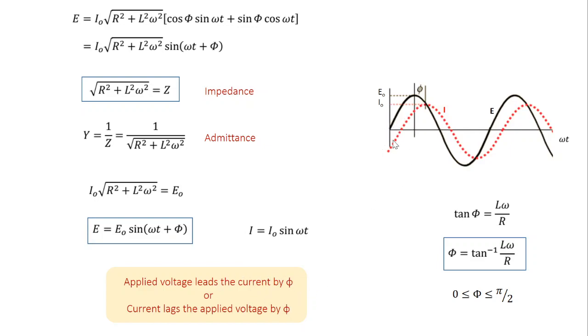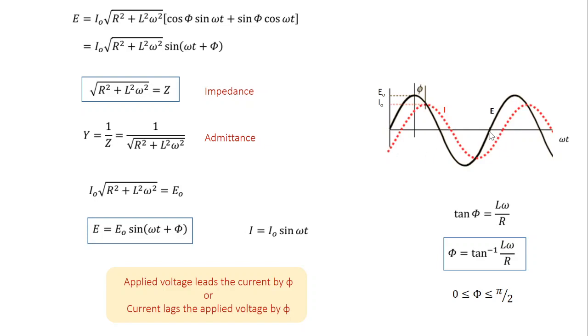Okay. So if you quickly compare this with the inductor circuit, there you have seen the same kind of waveform. The voltage starts from the 0 point, but the current started from the negative peak point, right? So here it need not be always starting from the negative point.